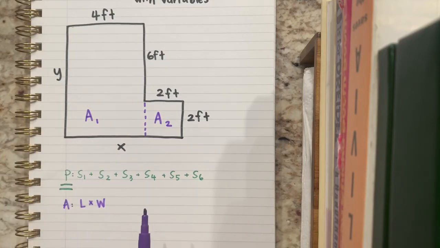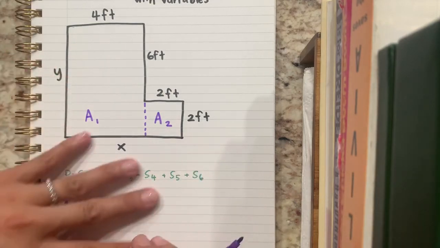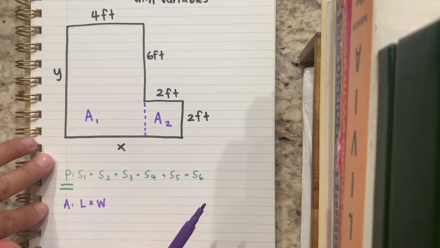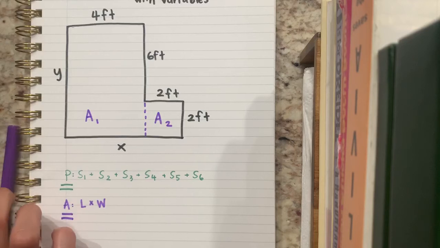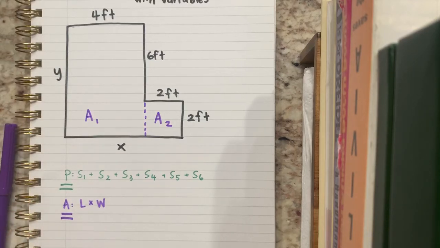So when you submit, you can take a picture of a paper that looks something similar to this that shows the perimeter and the area. Please be sure to show your work, of course, at all times.